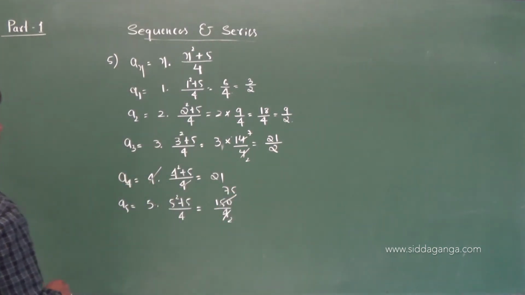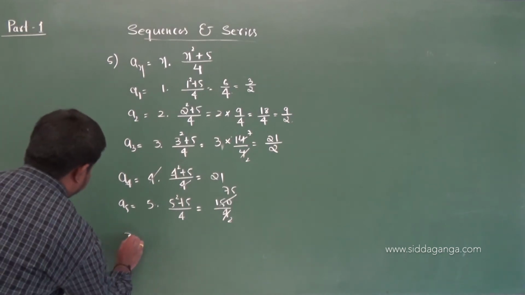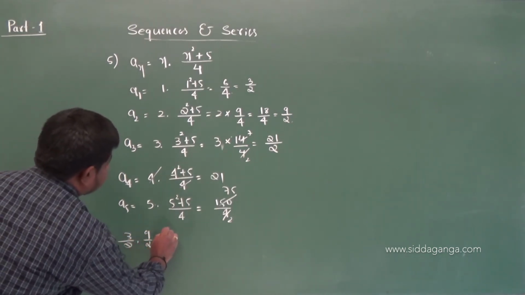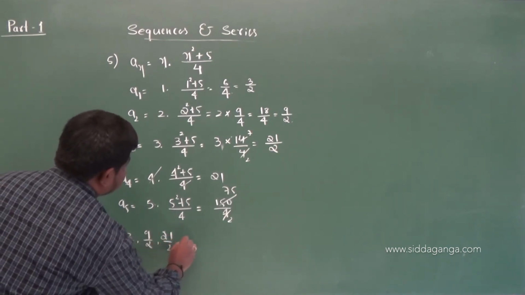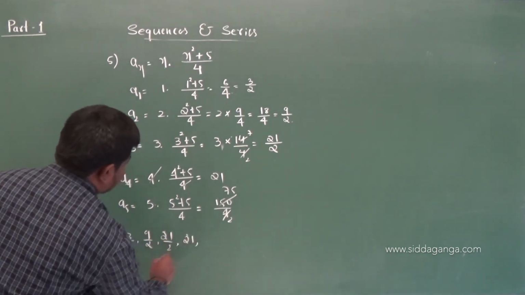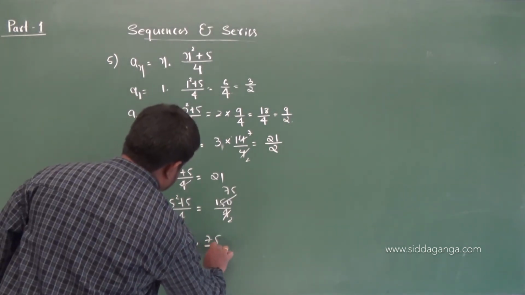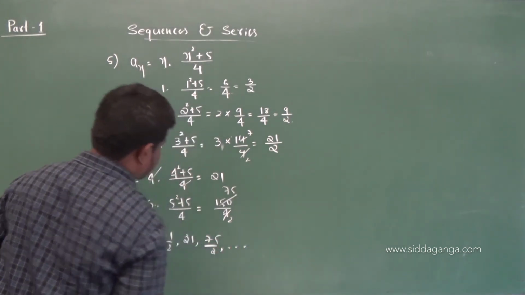So your sequence is given by 3 by 2, 9 by 2, 21 by 2, 21, right, and 75 by 2, and so on.